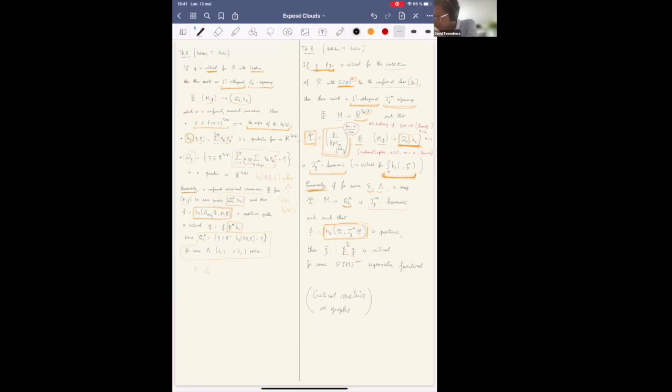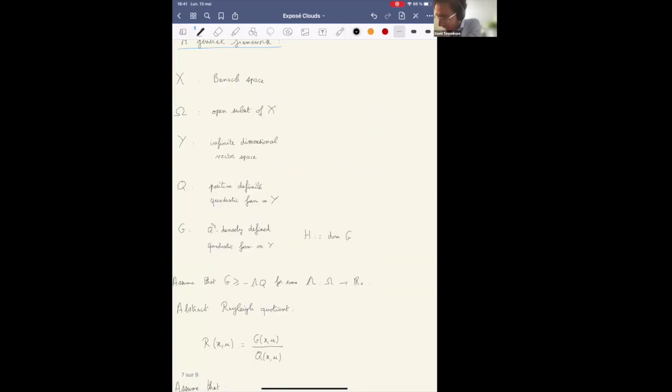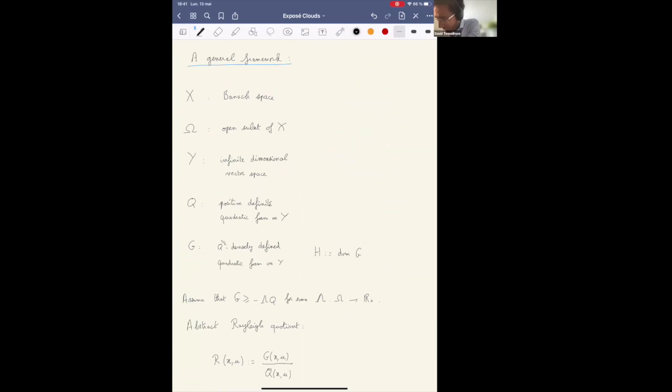So now I'd like to explain a bit how we obtain these results. We work in a framework that we want to be as general as possible. Here are the characters, let's say, in this framework.